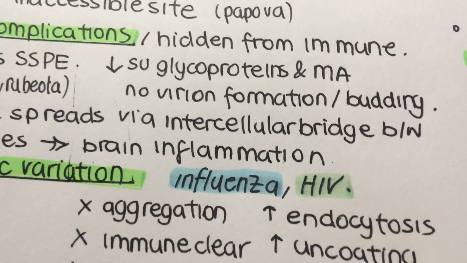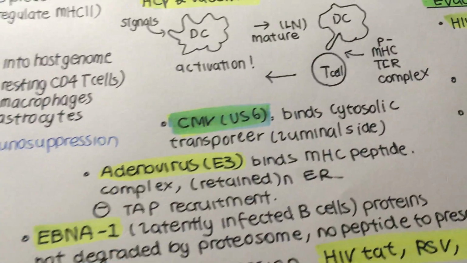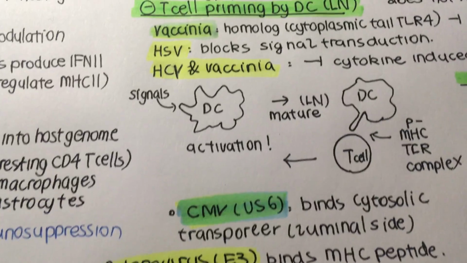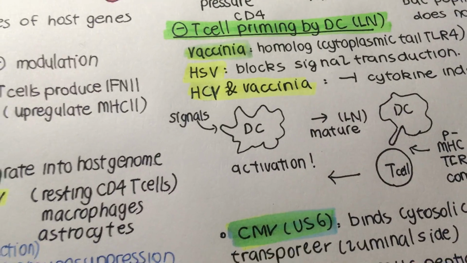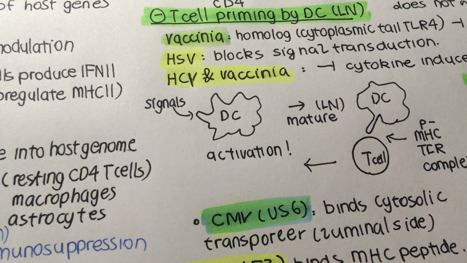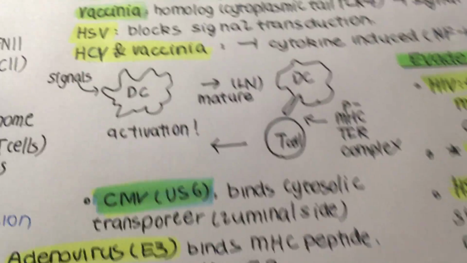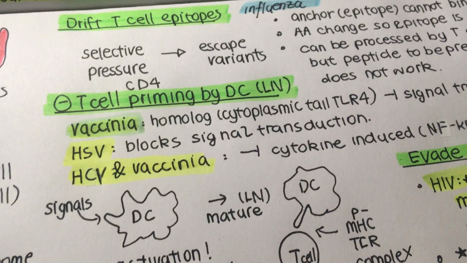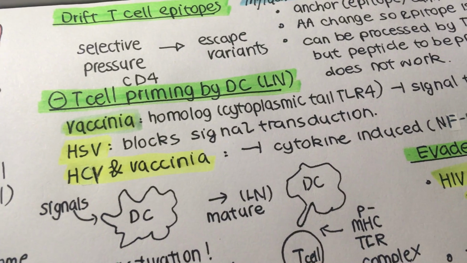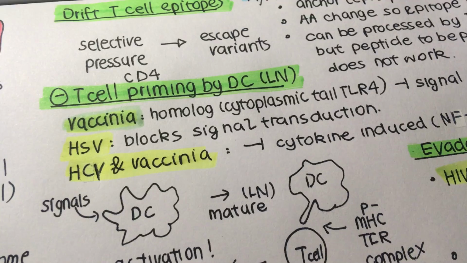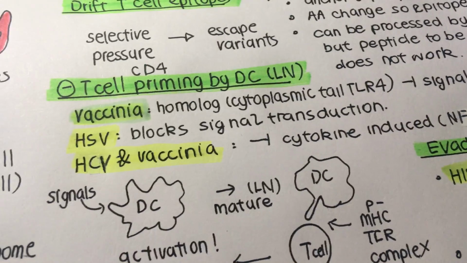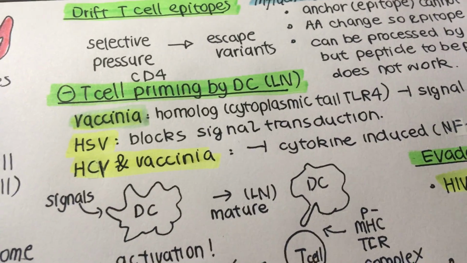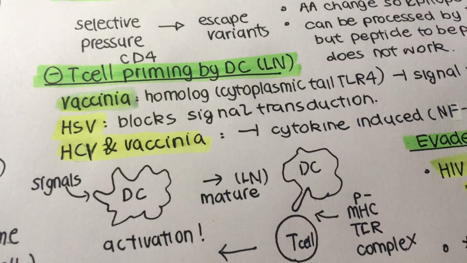Other strategies used by influenza include changing T cell epitopes as well. So we would know that the epitope that's presented to T cells is derived from proteasome-directed degradation of the virus and presentation of the peptide on MHC to the T cell receptors, followed by activation.